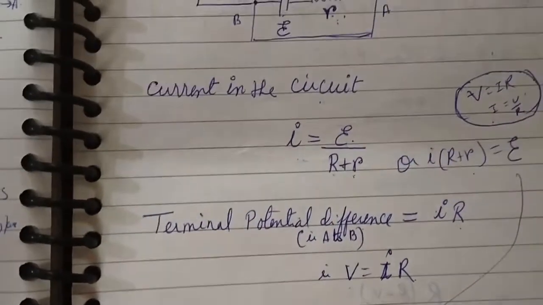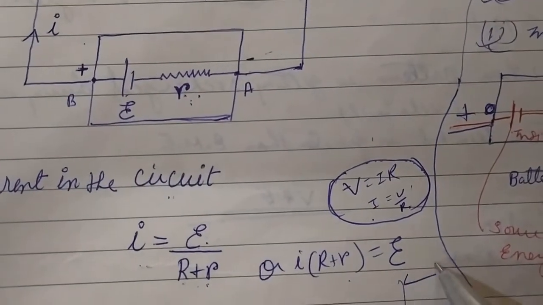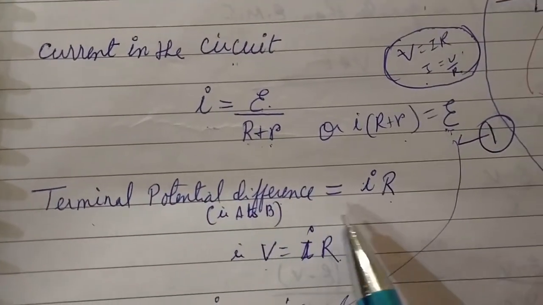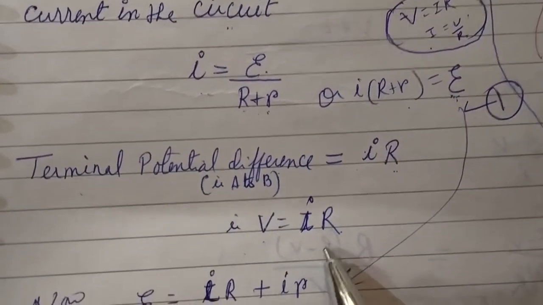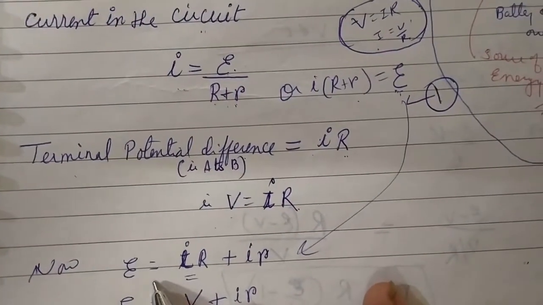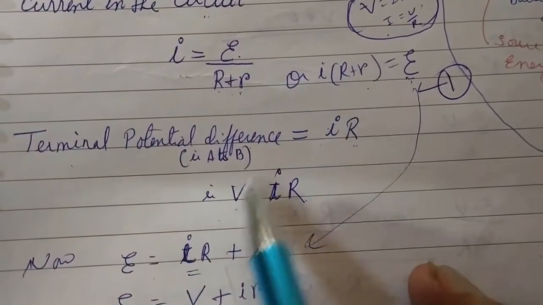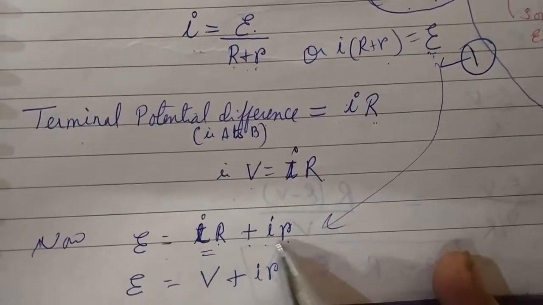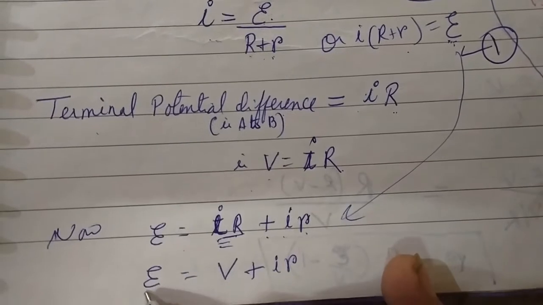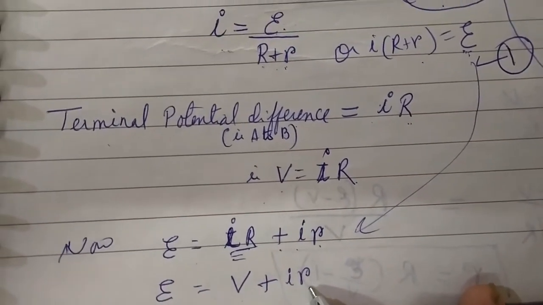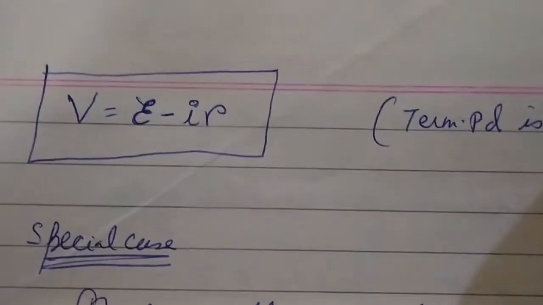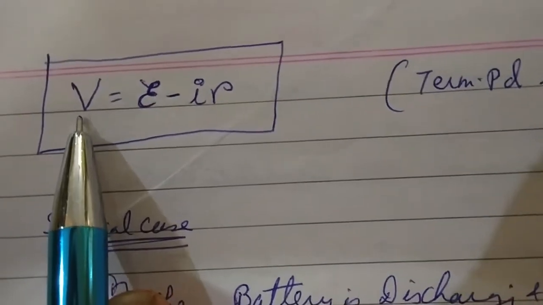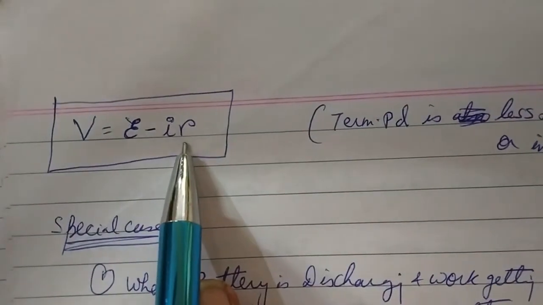Now from equation number 1, EMF of the cell we denoted by E, then E is equal to I(R plus r), open the bracket, IR plus Ir, and this IR is equal to V. So E is equal to V plus Ir, or V is equal to E minus Ir.